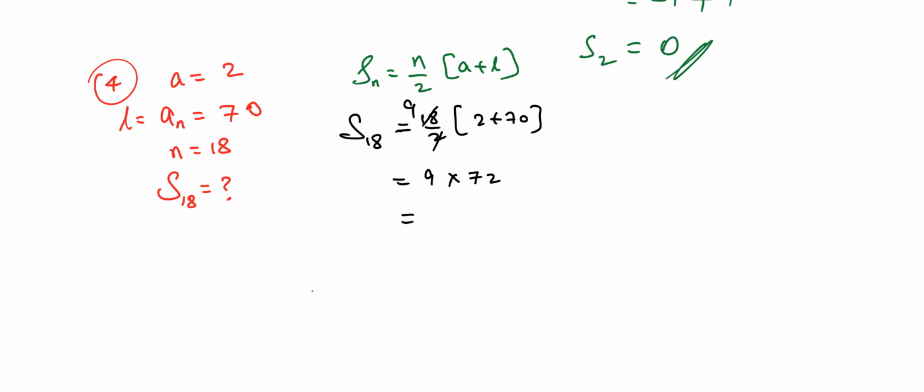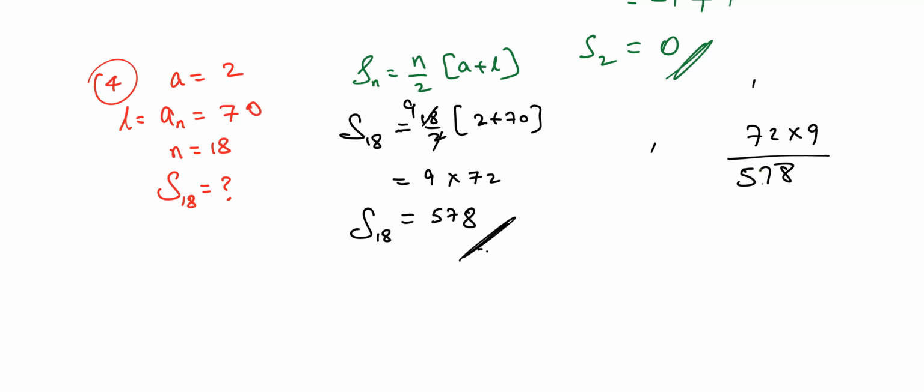Multiply 9 into 72. 9 twos are 18, 9 sevens are 56 plus 1, 57. So what is the answer? 578. Understood? This is the sum of 18 terms.